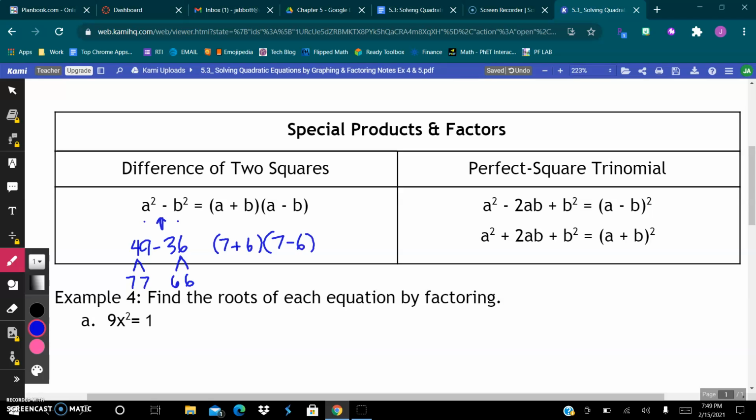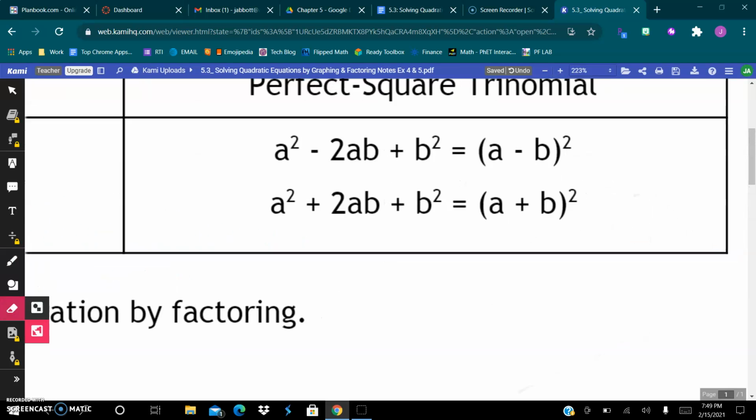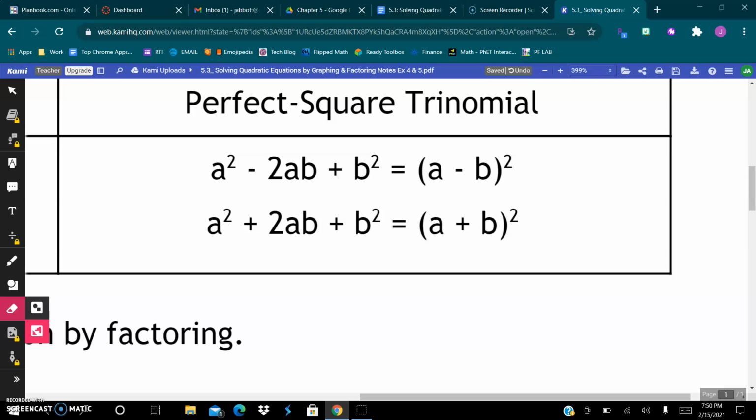So we would write it like that. So for the difference of two squares, two sets of parentheses, one with an addition, one with a subtraction, and whatever the square root of each one goes in the first and then the last spot in the parentheses there. And then over here, the perfect square trinomial is where the first term is a perfect square.